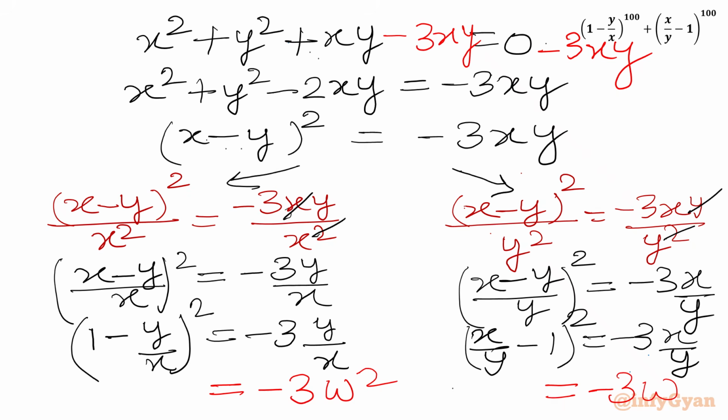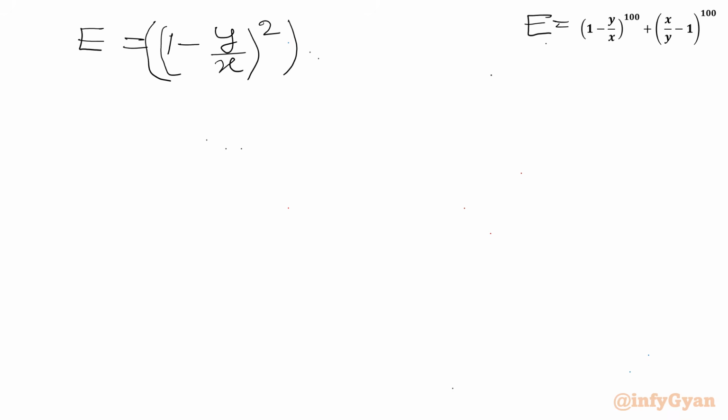Let us evaluate our expression. I will write our expression, which is written here also, equal to (1 minus y over x) put power 2, then power 50, because 2 times 50 is 100, plus (x over y minus 1) put power 2 and then power 50.